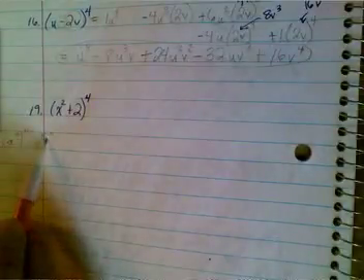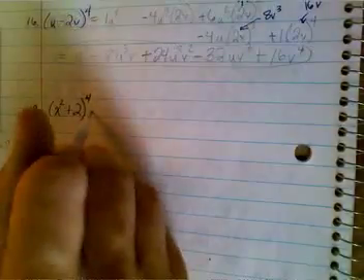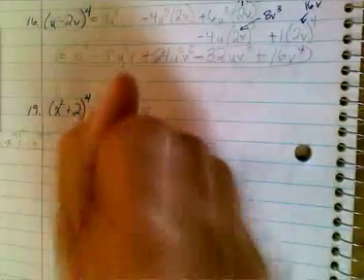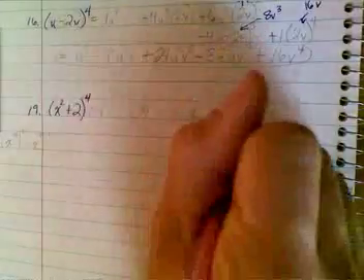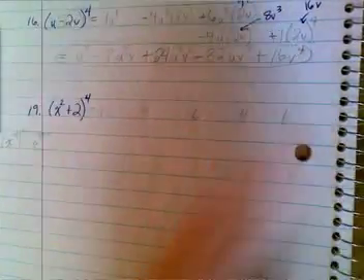So all you do with the exponents up there is you multiply exponents. Alright, so on this one, we have to remember our coefficients. 1, 4, 6, 4, 1. And hopefully I can write small enough now to get all the terms in this one on one line.